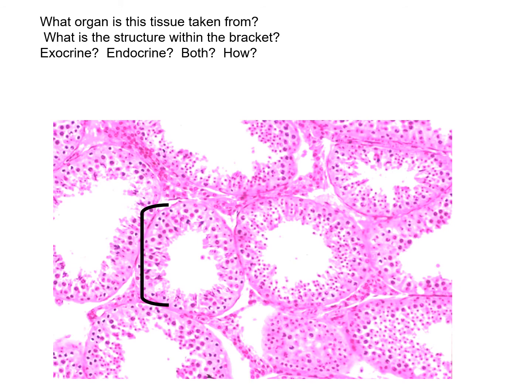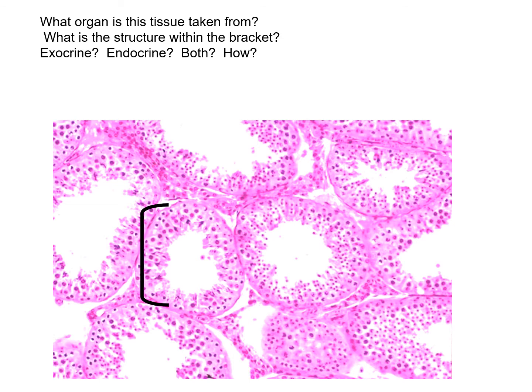The testes. It is. And what is the structure in the bracket? Seminiferous tubules. Correct. Are the testes exocrine, endocrine? Both. So what is emitted when they are exocrine?